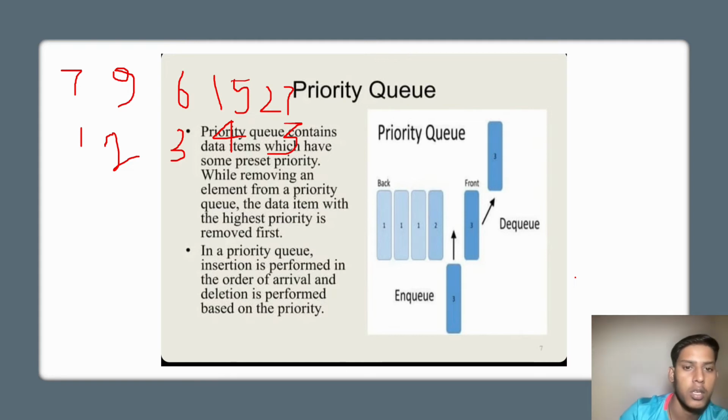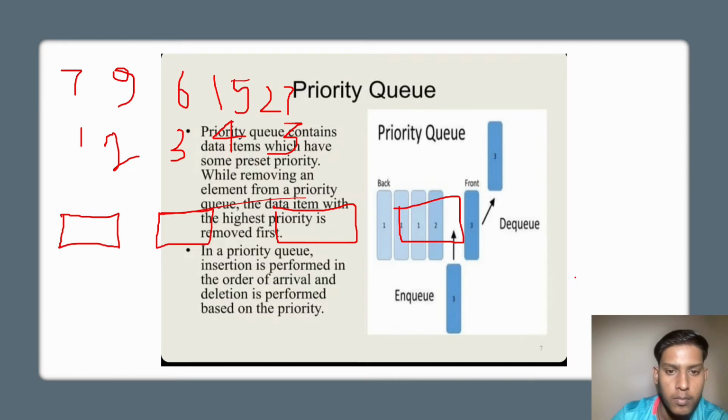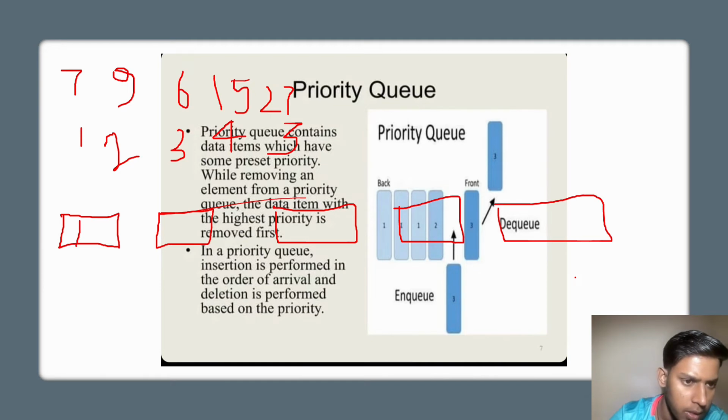Now how to enter them in a list? The list is divided into 3 parts.